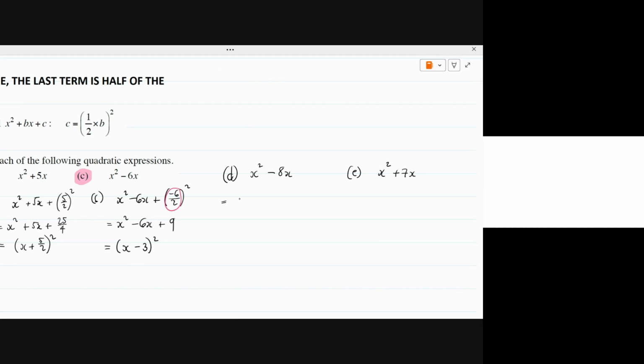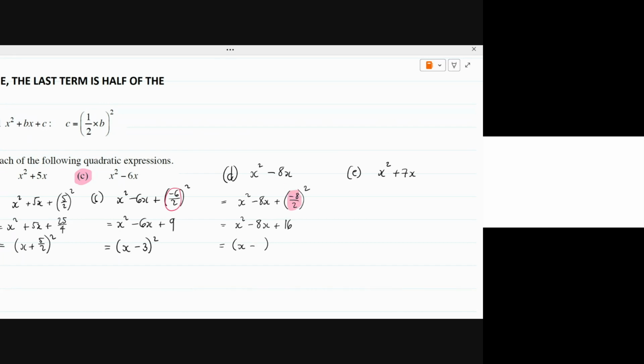Again, x squared minus 8x plus, open a bracket, -8 over 2 all squared. That will give me x squared minus 8x plus (-8 divided by 2 is -4) all squared, which gives us plus 16. To make it a perfect square, I take the number I would get in there, which is -4.